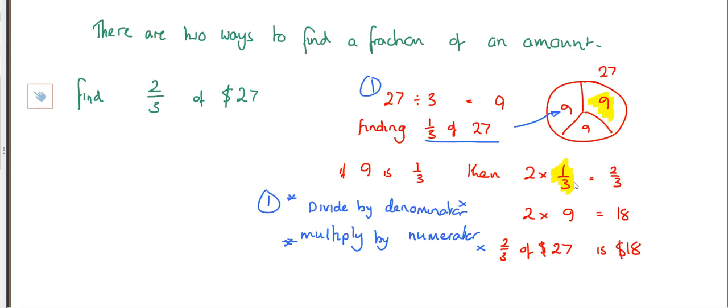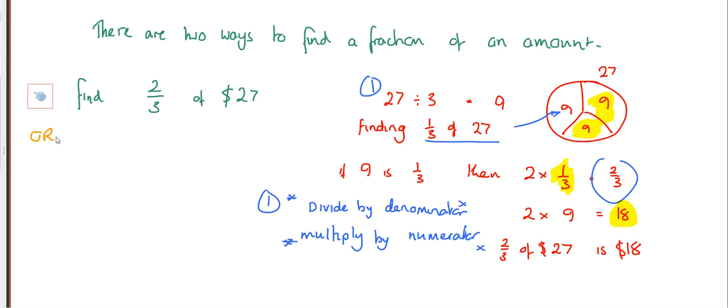So 2 lots of 1/3 is 2/3. So I guess what I could put in my diagram is I actually want 2 of those 9s to make 18. So 2/3 of 27. Make sense? Okay. The other method, though, is to rewrite this.